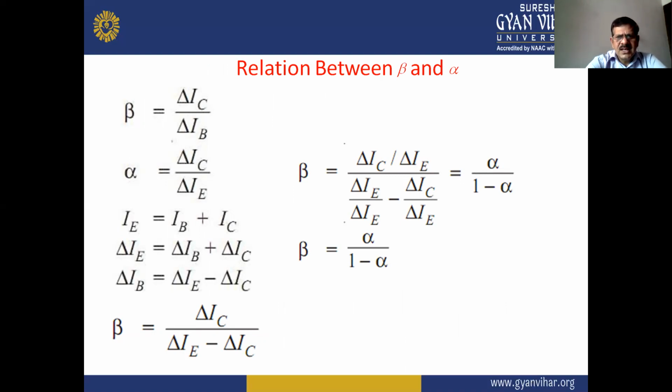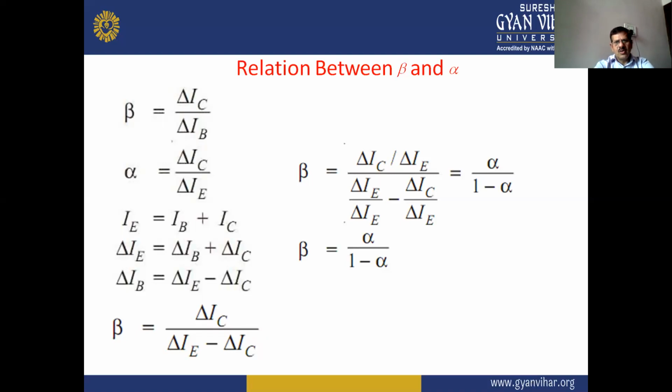Next, what is the relation between alpha and beta? We can find the relation between beta and alpha. We know that beta equals the change in IC to the change in IB, or the change in collector current to the change in base current, and alpha equals the change in output current IC to the change in input current IE.